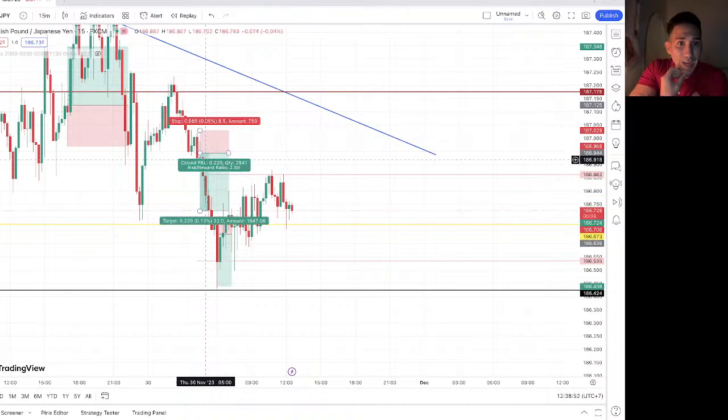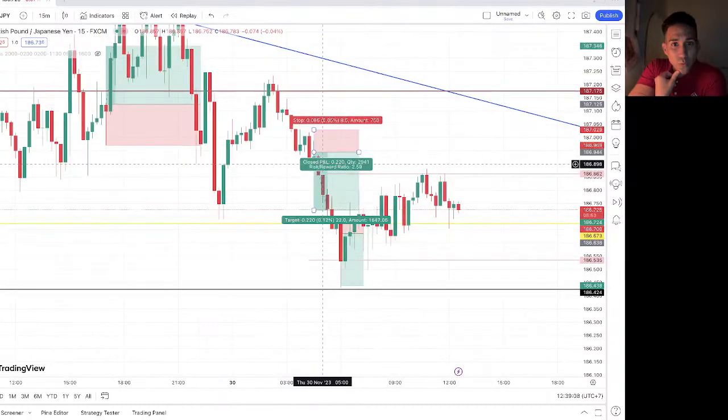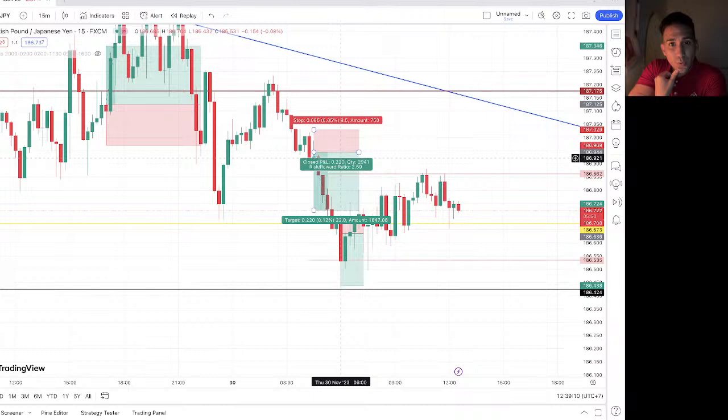Then after that, we wait for a pullback. If we manage to pass this low over here, that's where we enter, and we just wait for a nice move. Let me see how many pips were here.